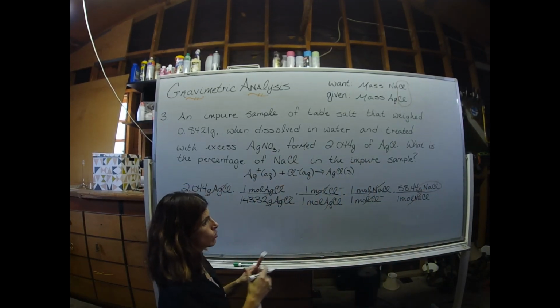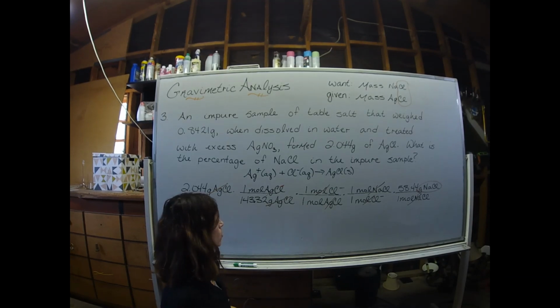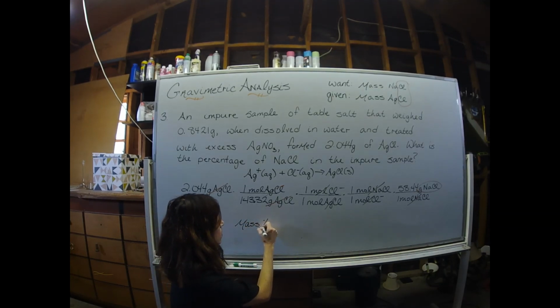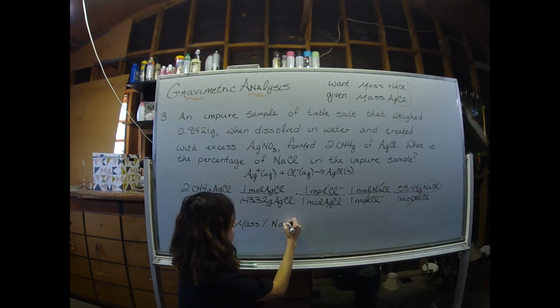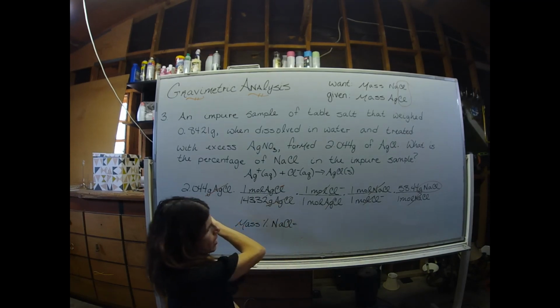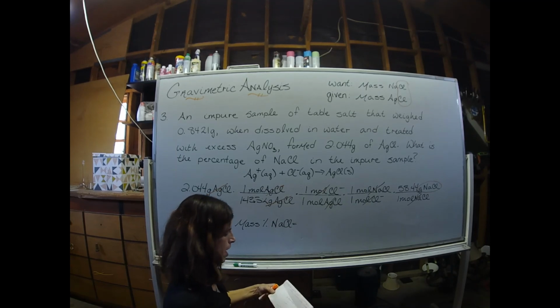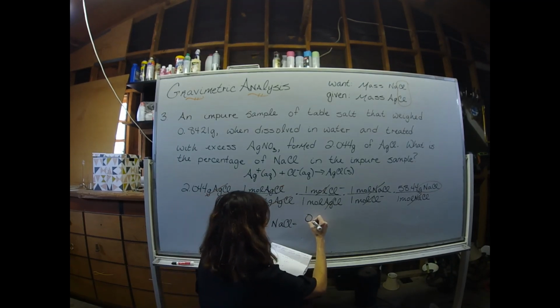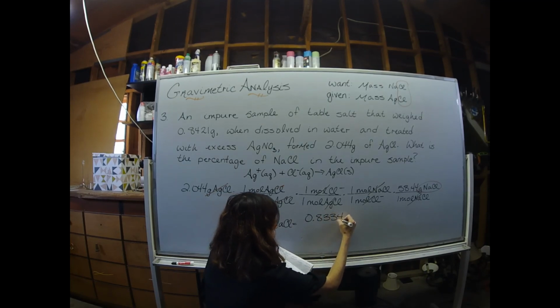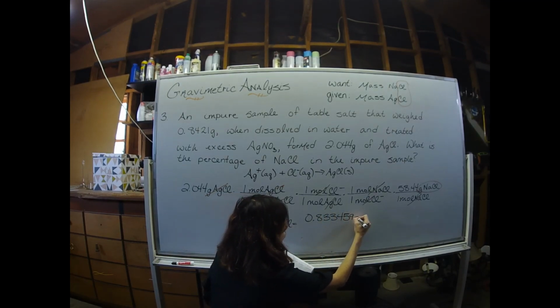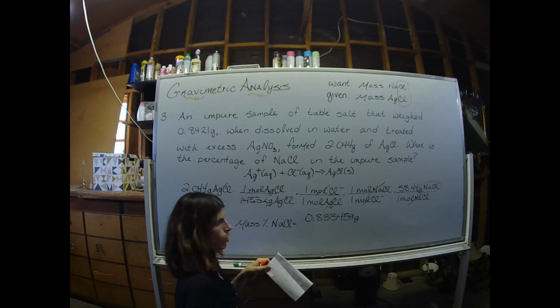That's the value that's going to be in our numerator when we do our mass percent of sodium chloride. So when I plugged all of this into my calculator, I got 0.833459 grams of sodium chloride.